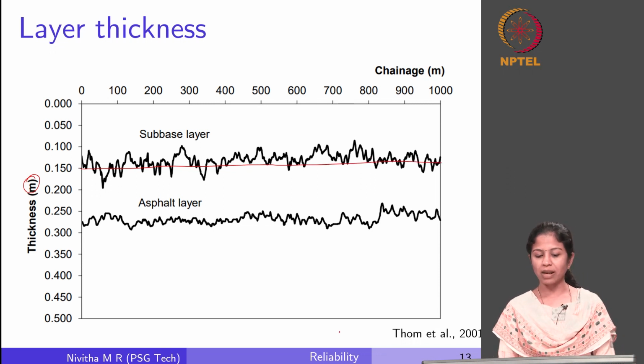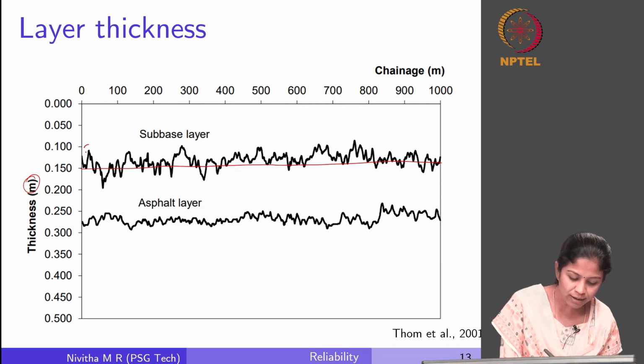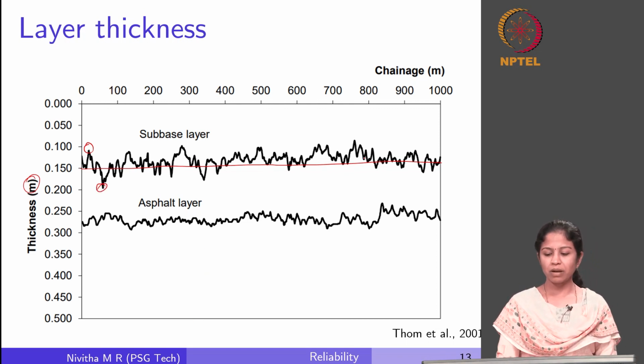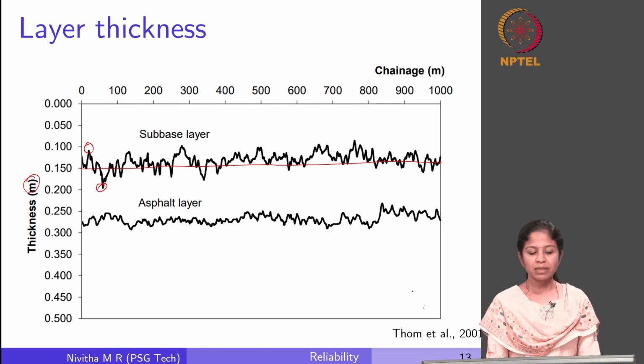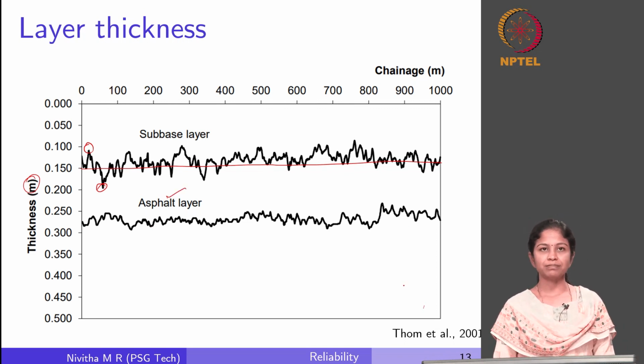If I am trying to draw a line at 150 mm, you can see that it has varied around it. In some cases it has gone even closer to 100 mm, and in some cases it has gone closer to 200 mm, but this is once in a while, but in most of the cases it is around 150 mm.